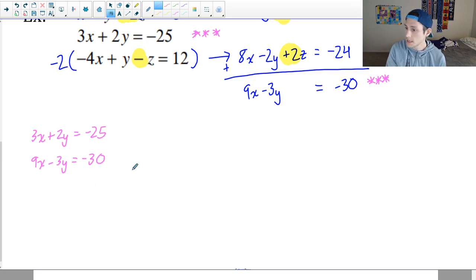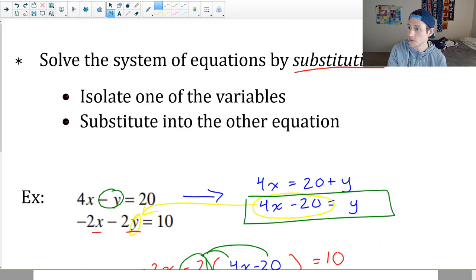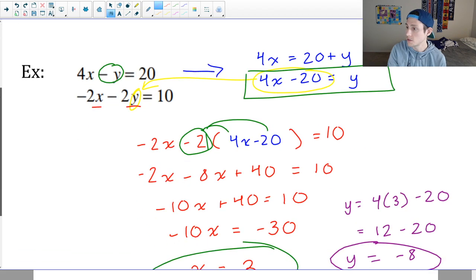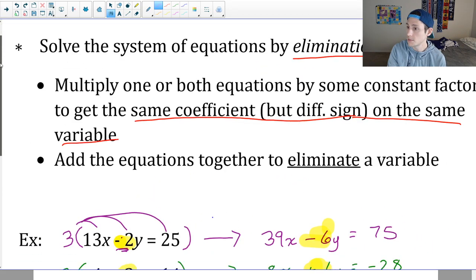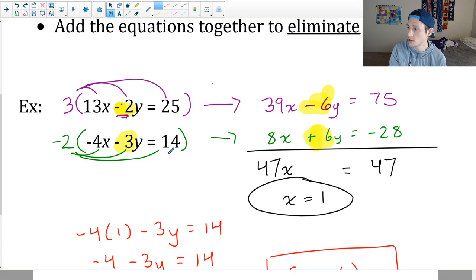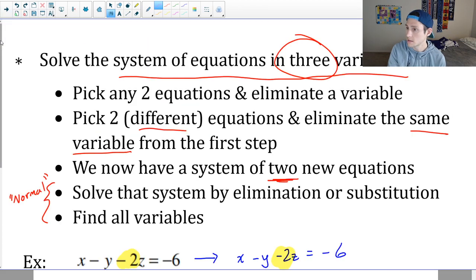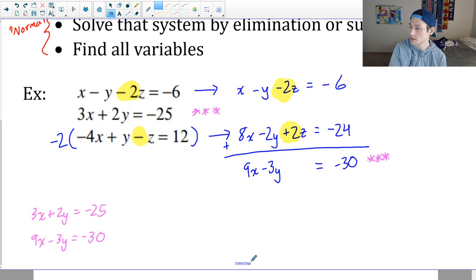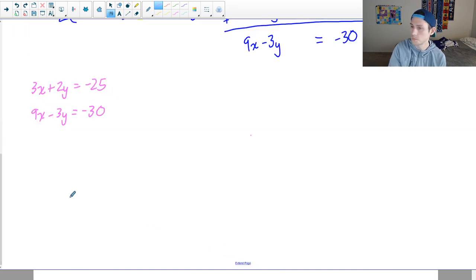And now this is basically exactly like one of those first equations that I showed you, the substitution or elimination, where we just had 2 equations, x y, x y. That's exactly what we have here. I have 2 equations. There's an x and a y, and an x and a y. So we just have to solve them by elimination or substitution.